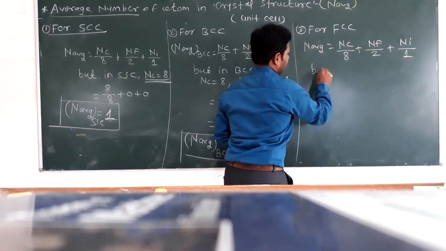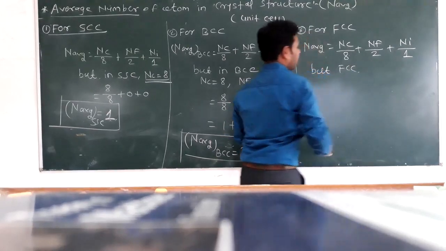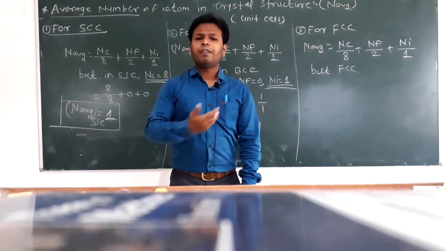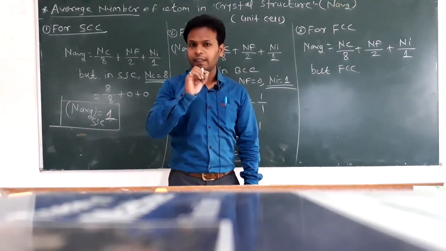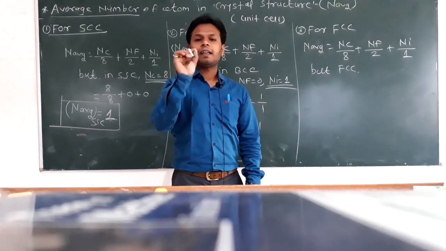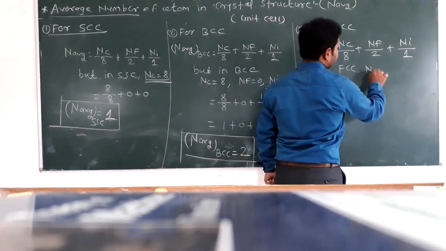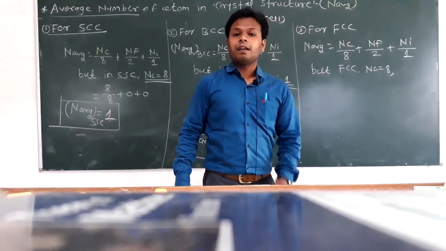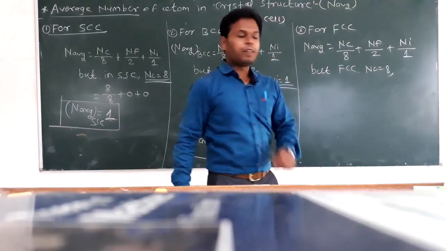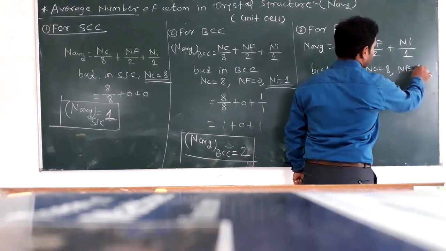We already saw in a previous video that in a face center cubic structure there are 8 atoms placed at the corners, so Nc is equal to 8, and there are 6 atoms placed at the faces, so Nf is equal to 6.